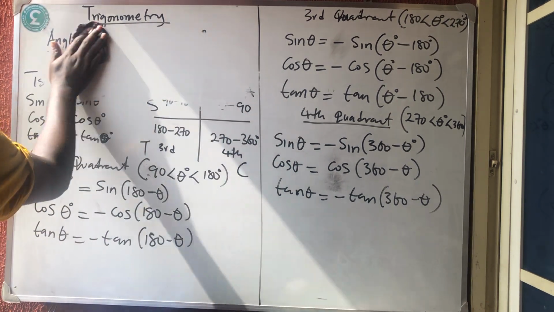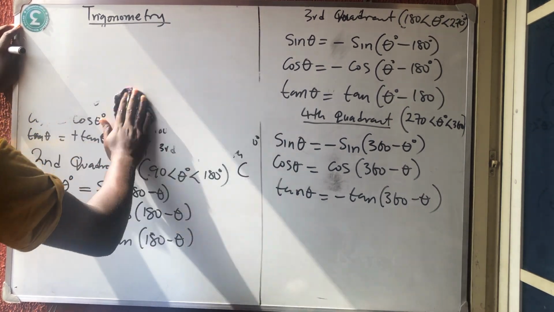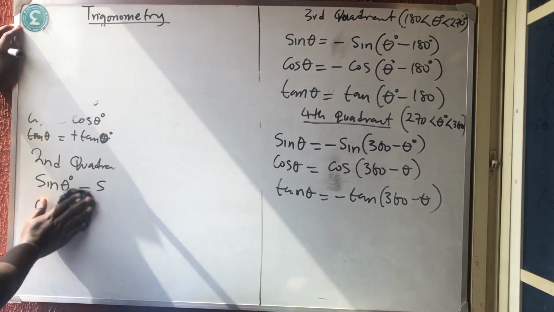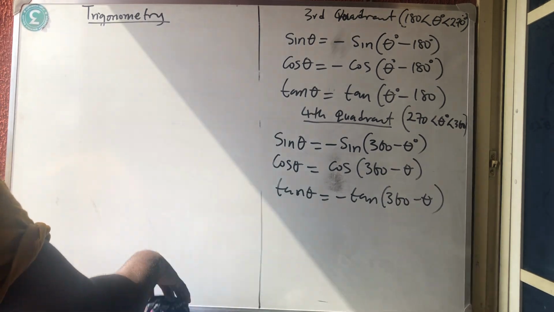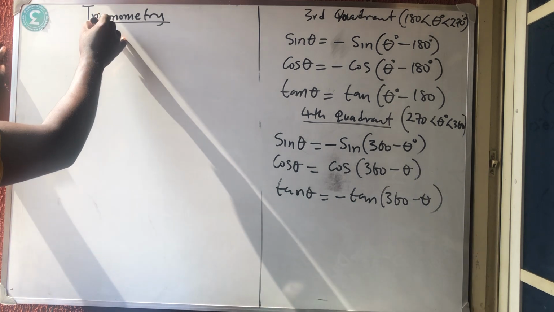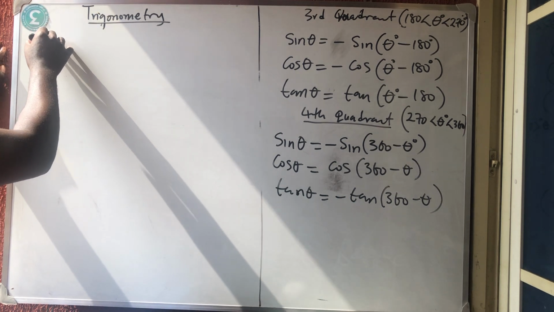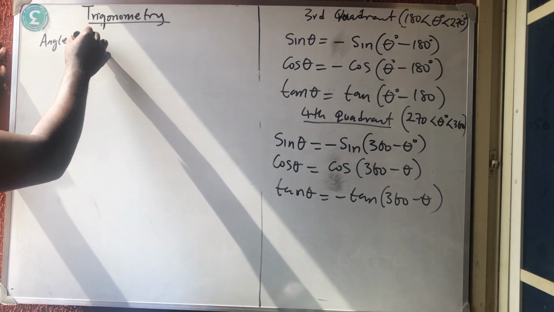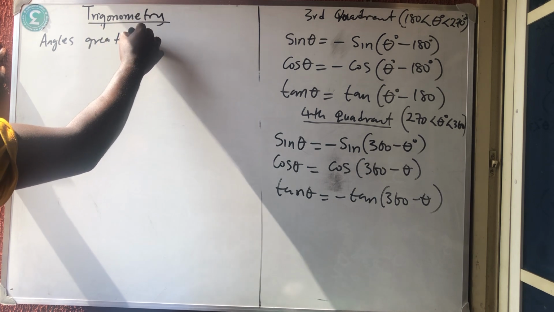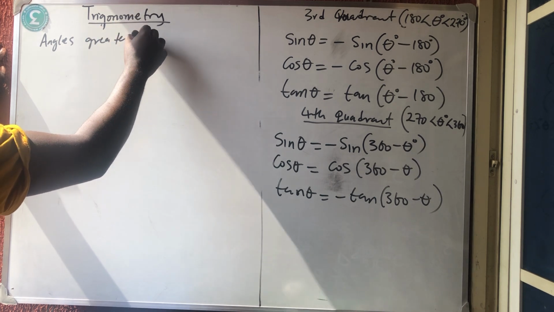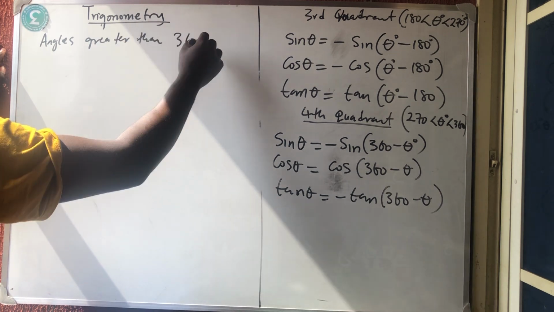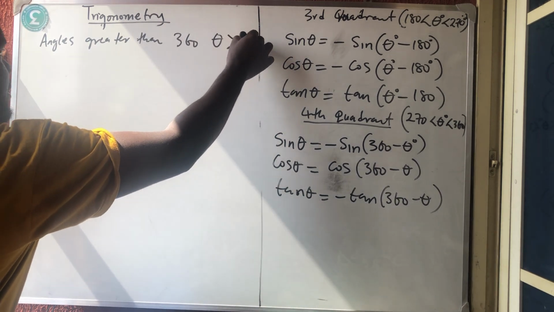Now let's talk about angles that are now greater than 360. That is, theta is now greater than 360.